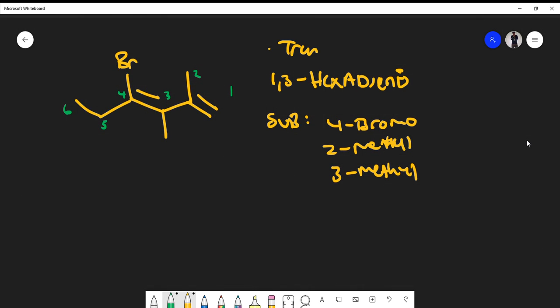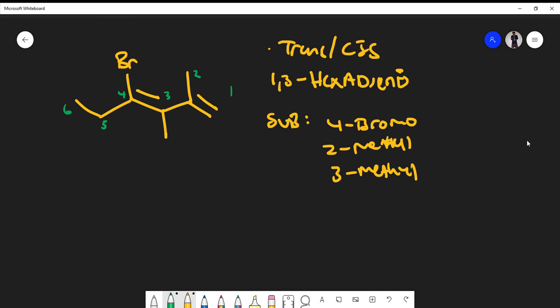So here we have to use our trans or cis nomenclature. If you look at the alkene in this molecule, on either side, we do not have a hydrogen group. So anytime you have non-hydrogen groups on either side of an alkene, you have to use trans-cis nomenclature.